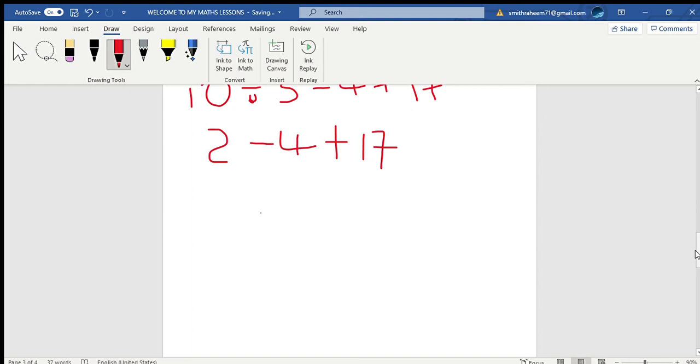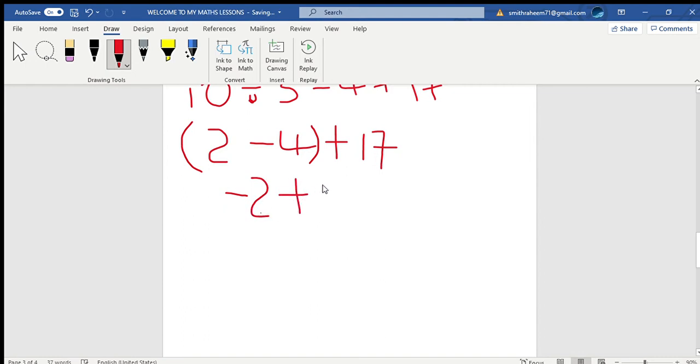Alright, we could add or subtract, whichever you want to do first. So let's do this: it's 2 minus 4. You could put this inside a bracket not to get confused. So 2 minus 4 will give you negative 2, and you'll have plus 17.